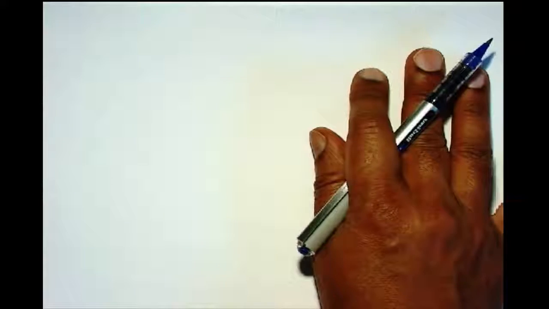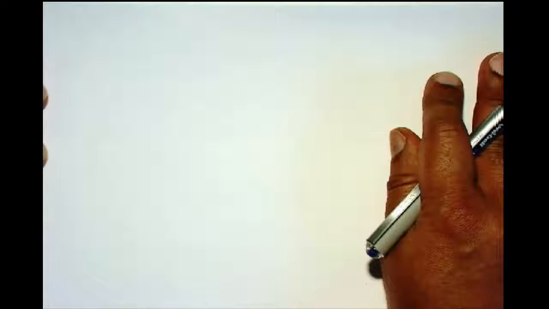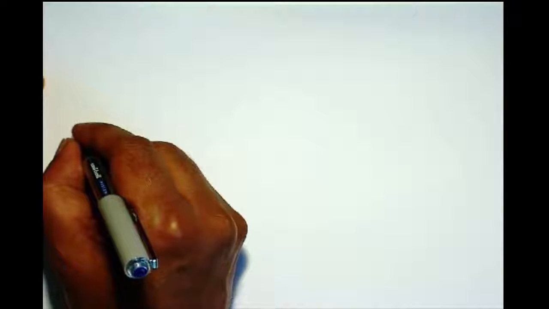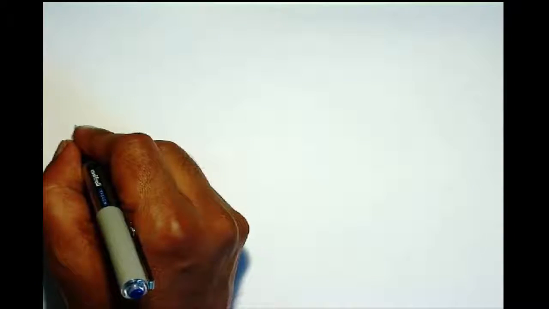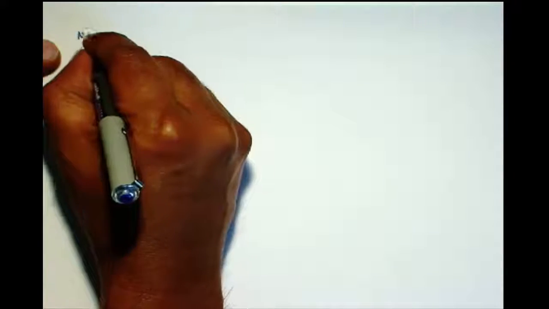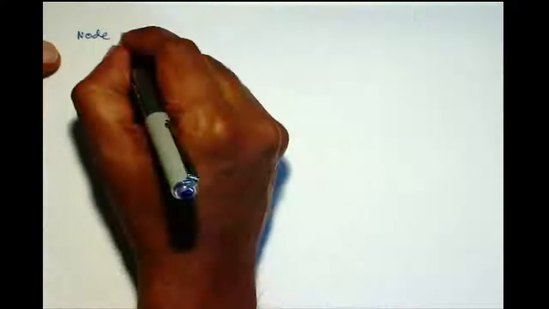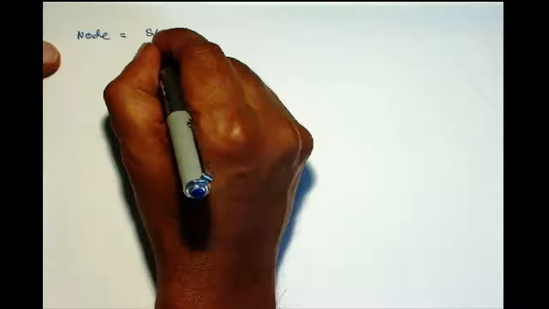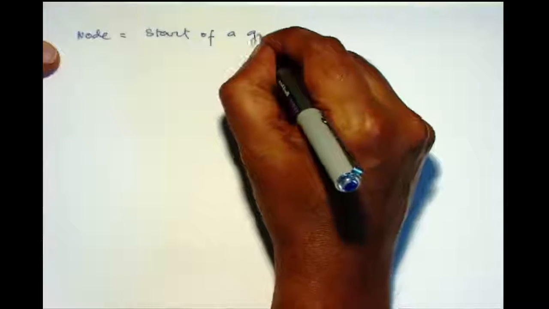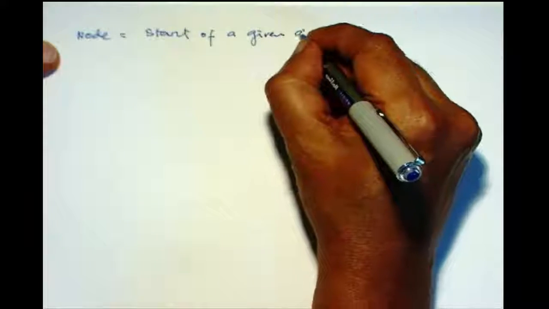Let's look at how to set up the network for the machine replacement problem. Now we're going to have one node for each time period. So here we define a node as the start of a given quarter.